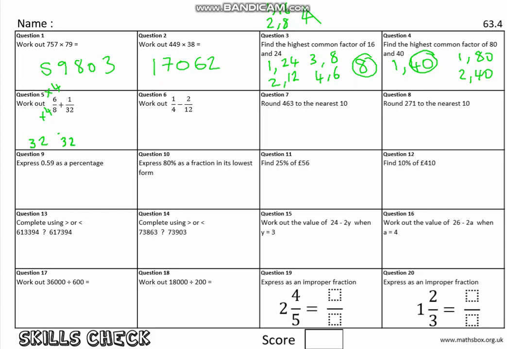So there we go, pop those there. And then I can leave that one as it is, but then I can times the top of this one by 4 as well, because I timesed the bottom by 4 to get 32, so I've got to do the same to the top. So that becomes 24. So then I just need to add the numerators together, the top numbers, okay? So 24 plus 1 is 25, and then that's still over 32, okay?